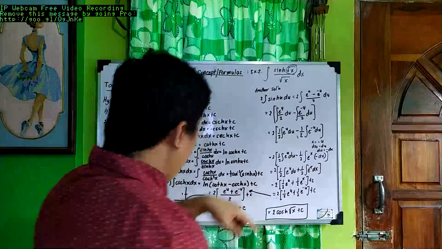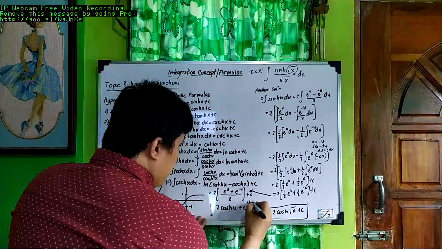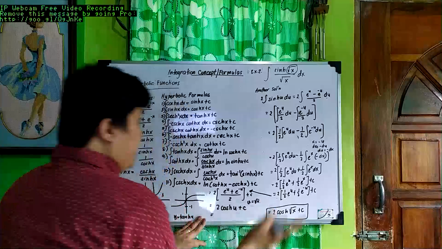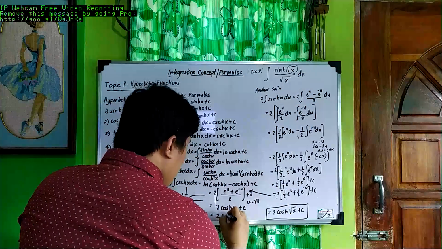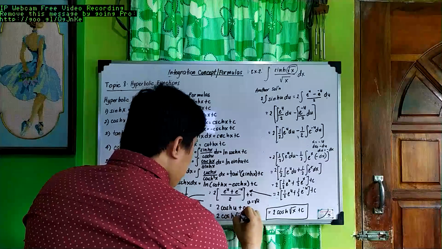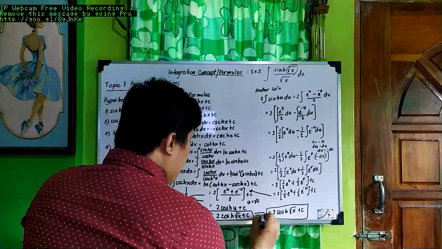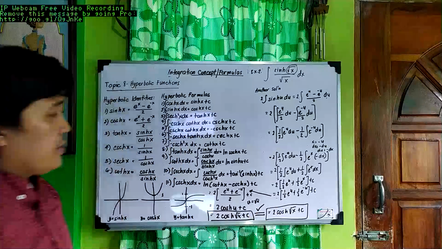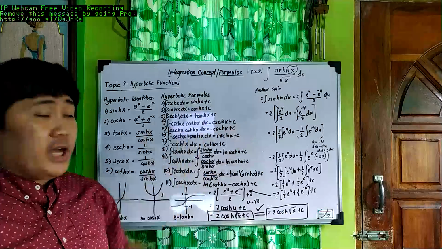And our u there, as I told you, you need to remember that our u is equivalent to square root of x in the beginning, when you derive this one. So your 2 cosine hyperbolic square root of x plus c. So if you could see, the two are equal. Therefore, you could solve either with exponential or with hyperbolic.